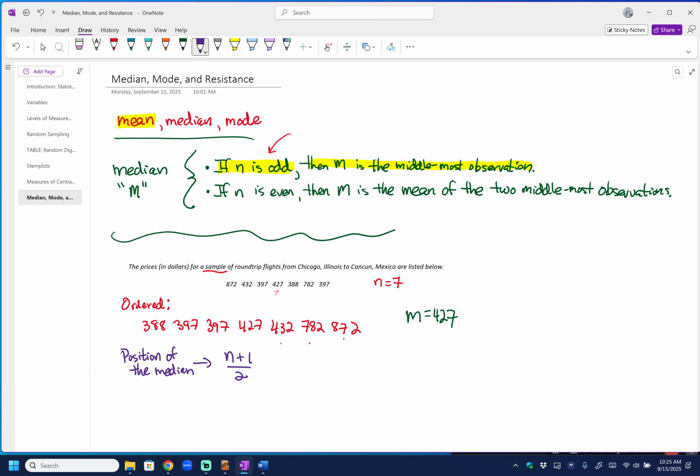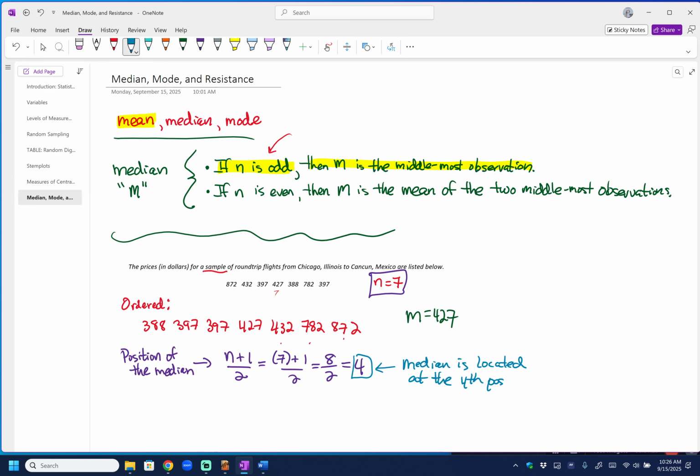All you're doing is inputting your sample size into the formula right here, getting 8 over 2, which is 4. So what does that mean? That means not that 4 is the median, it's that the median is located at the 4th position. So I'm going to write that: the median is located at the fourth position.